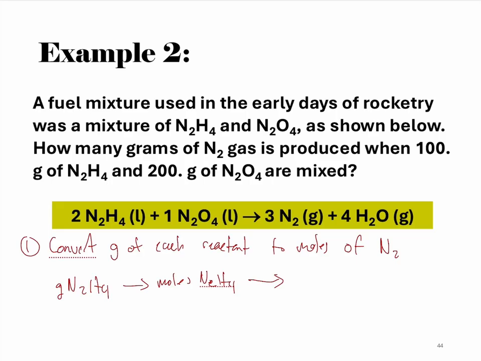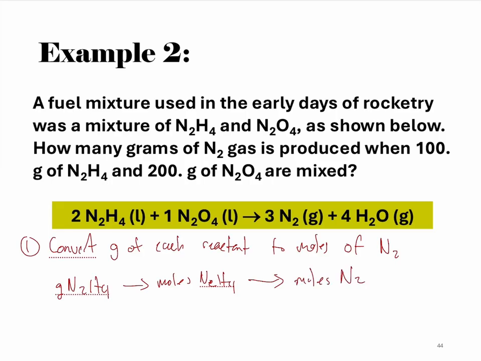Once we get this one, we're looking at this reactant first. We're converting it to moles of N2H4 because ultimately we need to calculate the moles of what? Of nitrogen gas, right? So after we get this into moles of N2H4, we're going to convert that into moles of nitrogen gas.